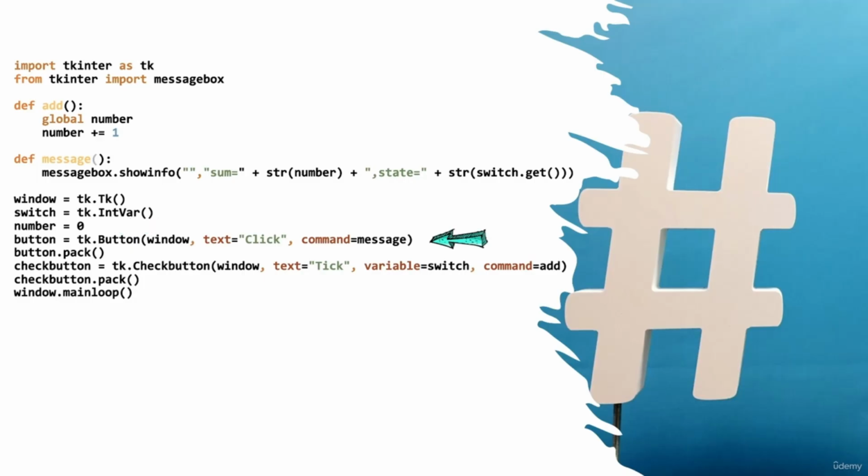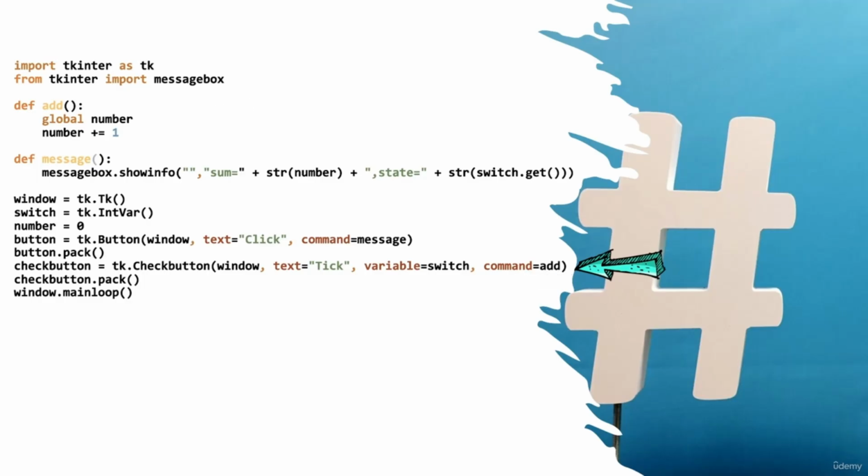Our button widget will be titled click, and we will bind it to our message callback. When creating the Checkbutton widget, we will bind it with a callback, which should help us increase the integer value of our variable with each tick.